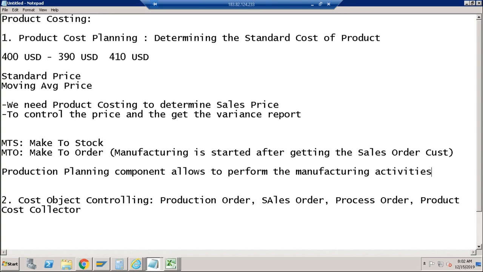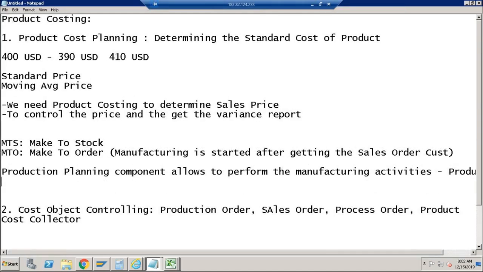Irrespective of whether you want to stock the material or make to order, you are making it, right? And in order to make this product, what do we need in the SAP system? If you are using the production planning component, PP component, then you need the production order. So you create a production order in SAP.